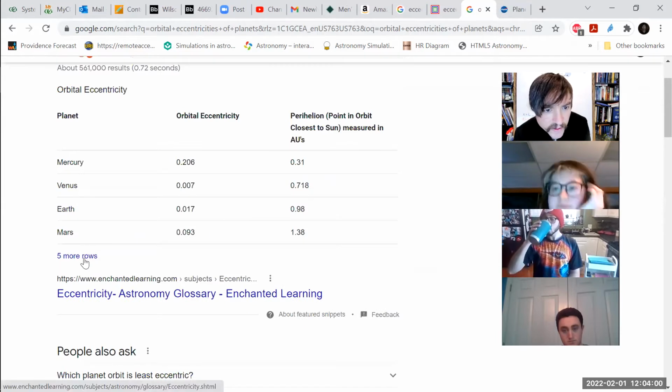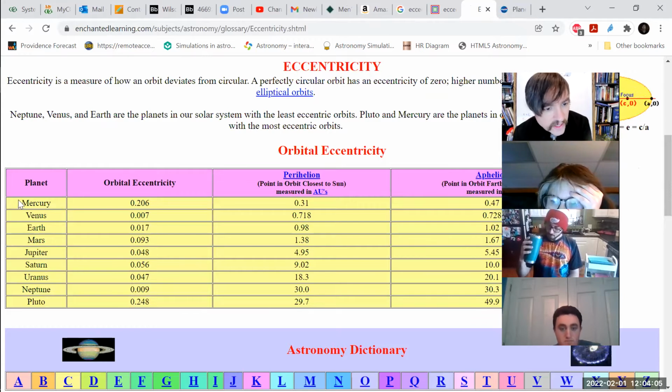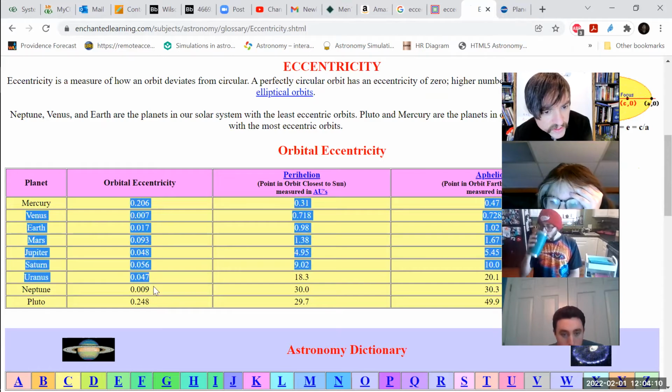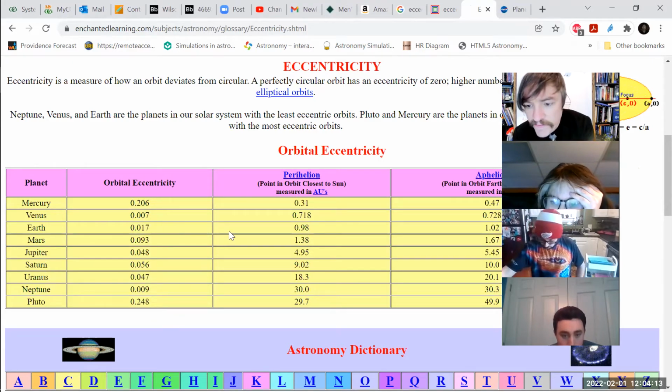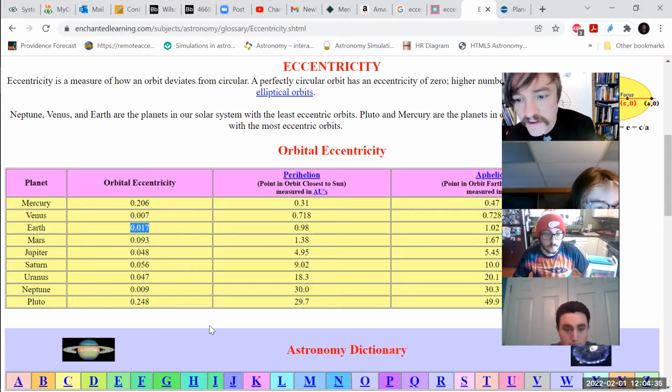So here you can see the major planets and Pluto, and you can see their orbital eccentricities listed below. In fact, maybe as part of our learning, we could write this down in our notebooks, but let's round everything to one significant figure. So if you guys take a quick peek at that, what would you say the orbital eccentricity of Earth is if you rounded to one significant figure?